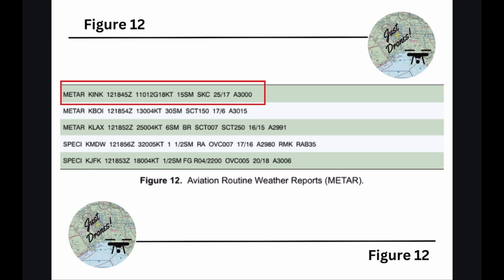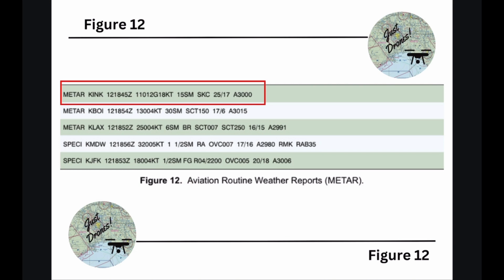If you remember from a couple of my past videos, wind direction is measured in degrees. 360 degrees is north, 90 degrees is east, 180 degrees is south, 270 degrees is west. So if you have 110 degrees, that means it's somewhere between 90 degrees and 180 degrees, correct?